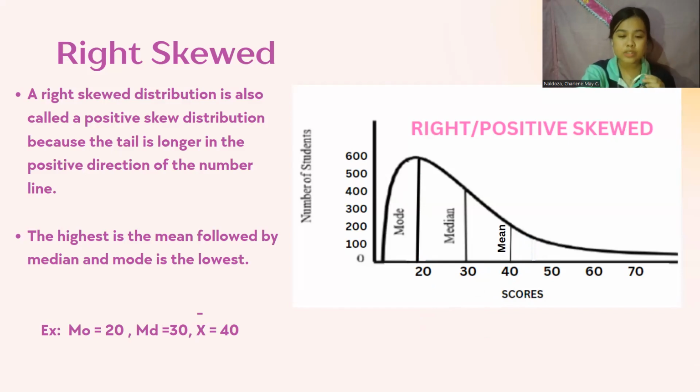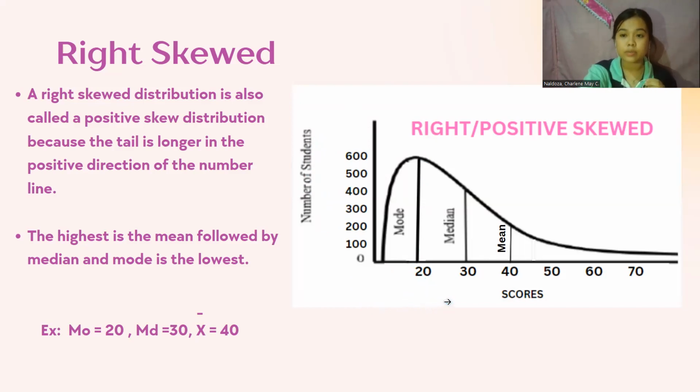If you were going to ask why the mode is the lowest, but in the picture the mode has the longest line here. In the y-axis here, this is the number of students, wherein there are 600 students overall. But here in our mode, there are a lot of students who got this score of 20.